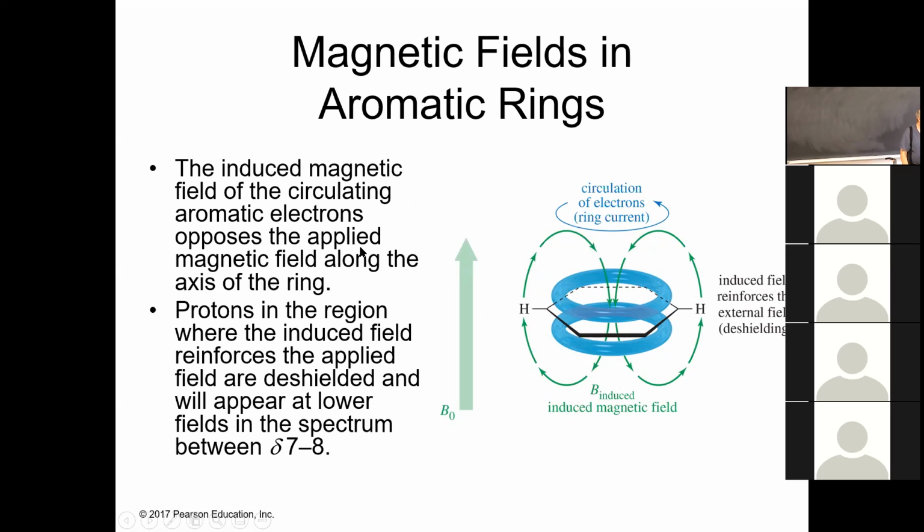And this opposes the applied magnetic field along the axis of the ring. Protons in the region where the induced field reinforces the applied field are de-shielded, and they're going to appear at lower fields, usually between 7 and 8. So these protons are going to be in a de-shielded region.